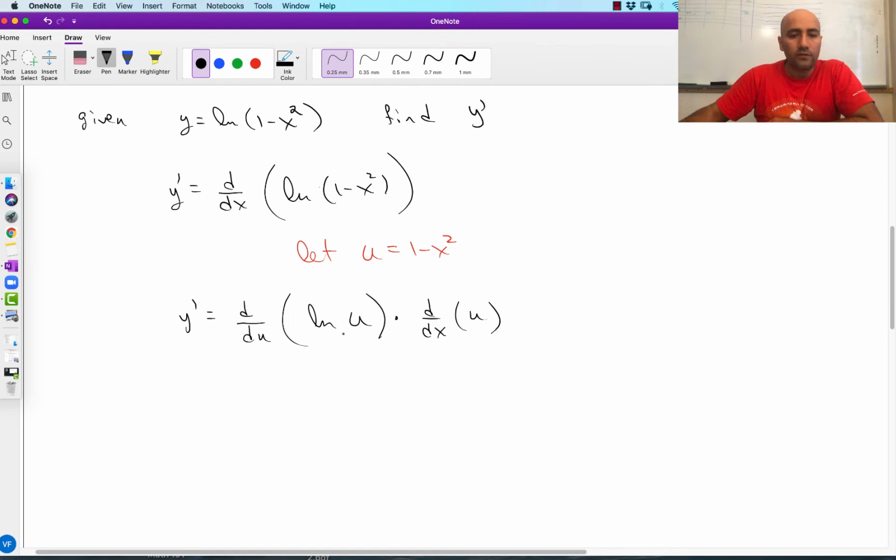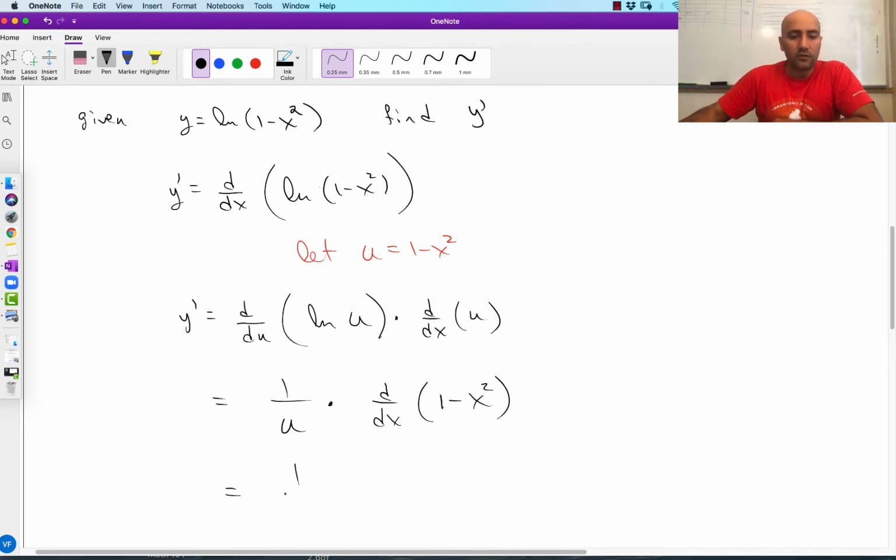Good. Okay, so then this is just going to be equal to 1 over u times the derivative with respect to x of the u, which is 1 minus x squared. Good. And the derivative with respect to x on this guy is just going to be minus 2x.